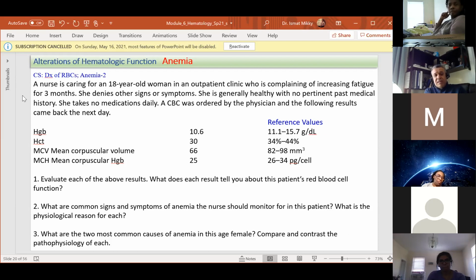Number 3. Good. Excellent. Number 3. What are the two most common causes of anemia in this aged female? Compare and contrast the pathophysiology of each.